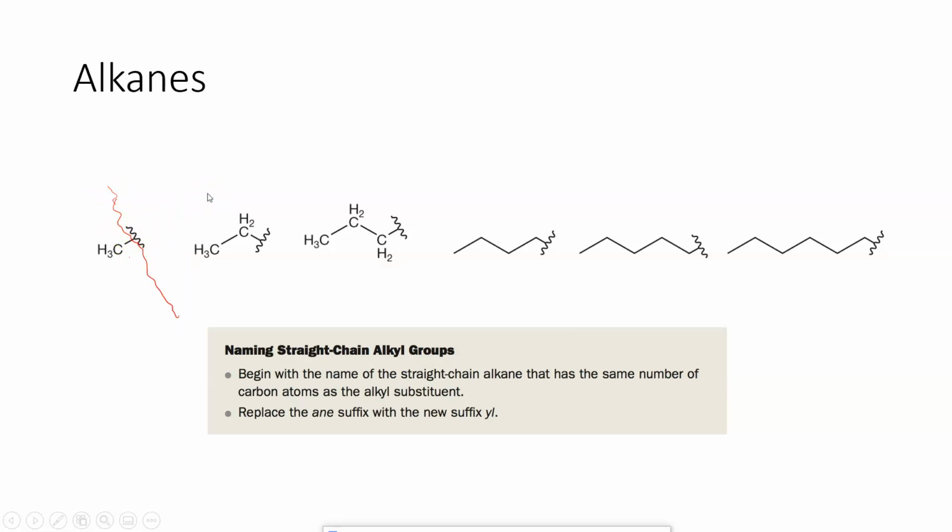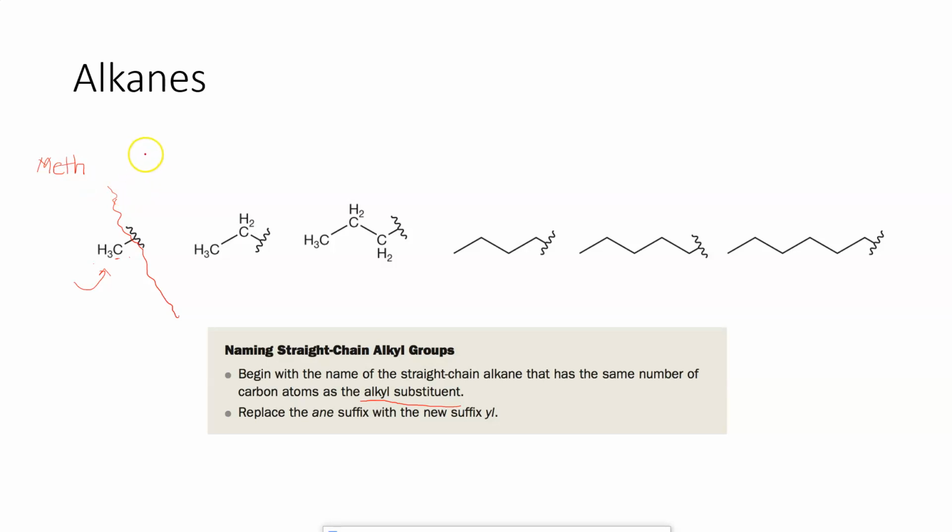So in this case, my attached group, which by the way, I'm going to call from now on the alkyl substituent, right? This one here contains 1 carbon, right? So if you remember, for 1 carbon, I use the root meth, right?